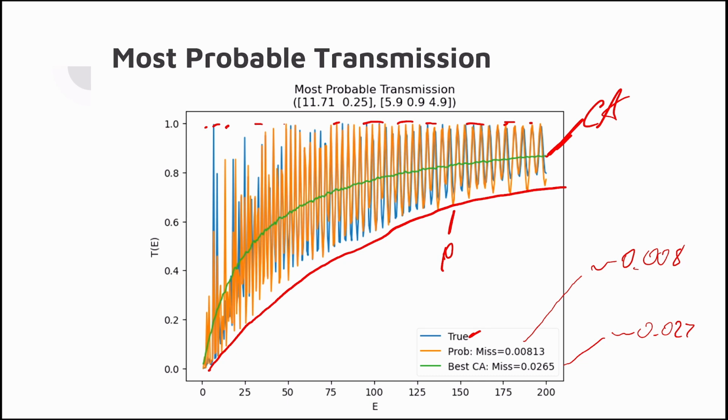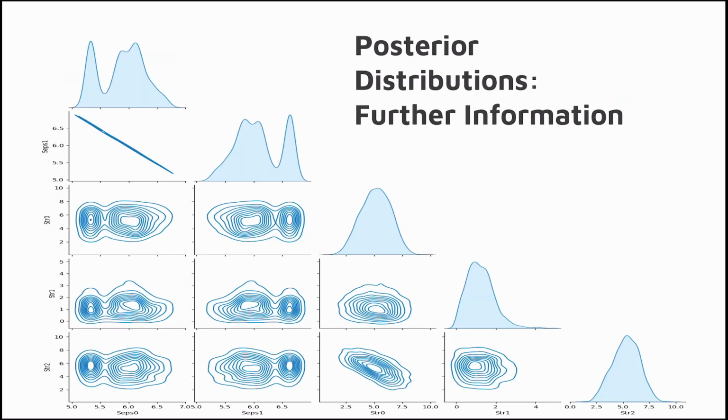In addition, we can squeeze out a little bit more information from these distributions. Here we've produced a corner plot, and on this we will have separation 1 and separation 2. So these top two distributions, and here we've used a process of kernel density estimation.